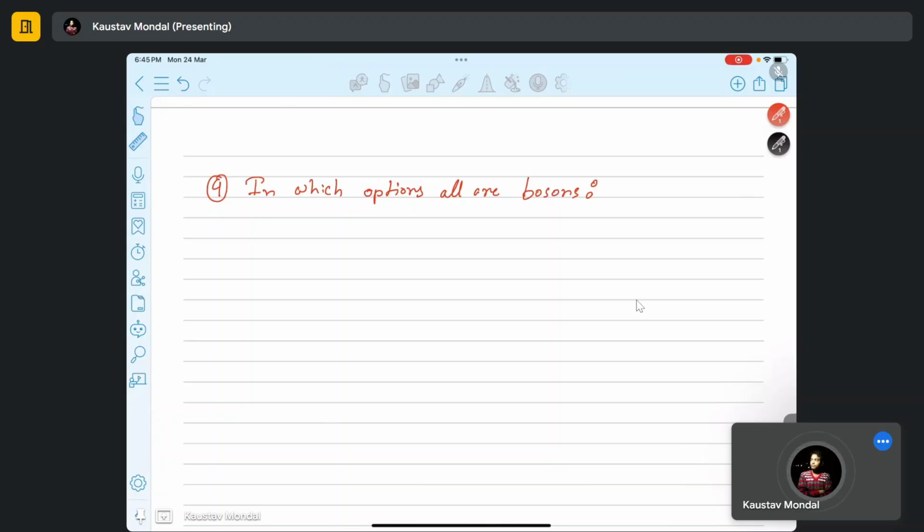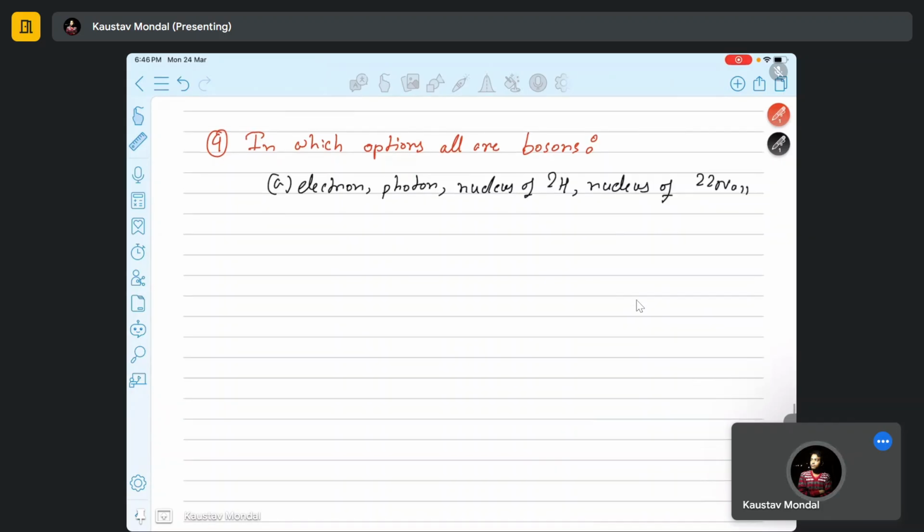Option A is electron, proton, nucleus of sodium and nucleus of oxygen.